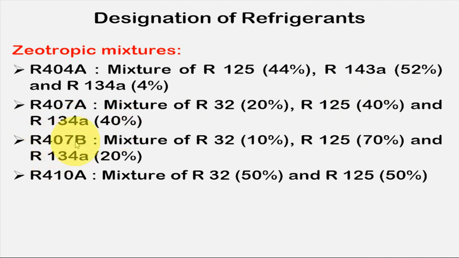Next, R407B is a mixture of R32 10%, R125 70% and R134A 20%. Similarly, R410A is a mixture of R32 50% and R125 50%. These are examples of zeotropic refrigerants.